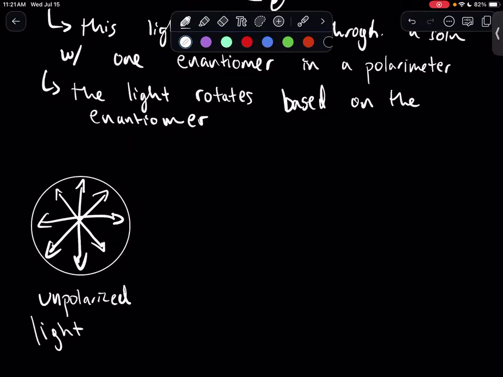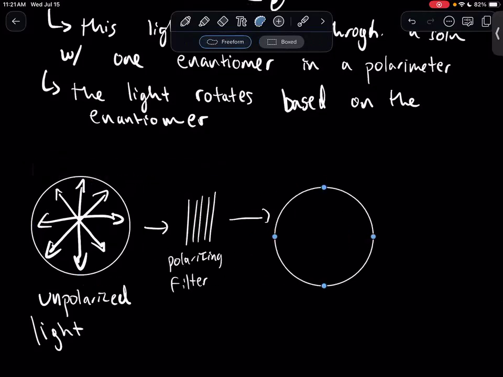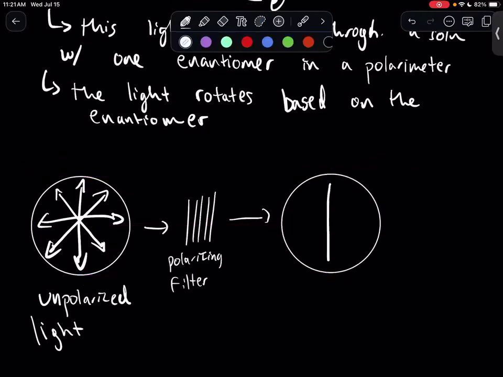And we pass it through a polarizing filter. So once we pass it through that polarizing filter, we now get light in only one direction. And this is what we call our plane polarized light.